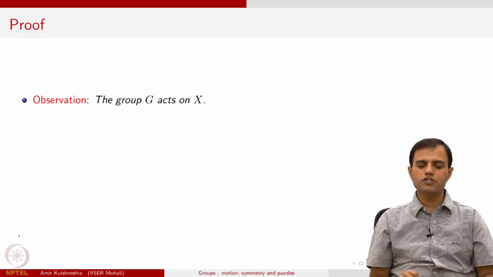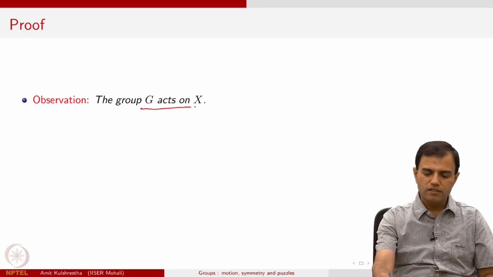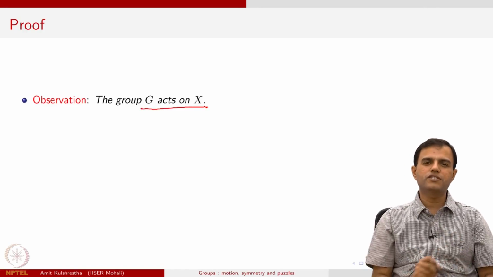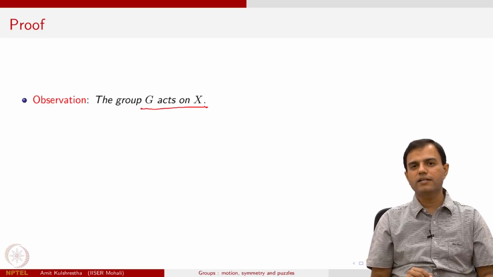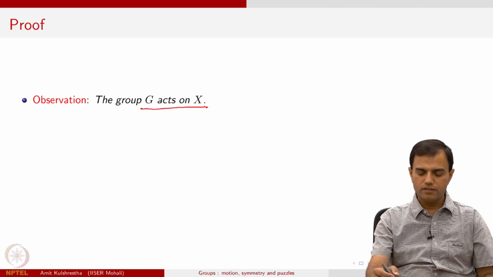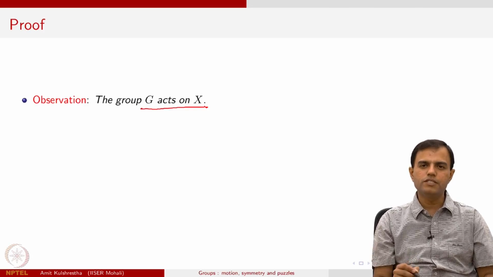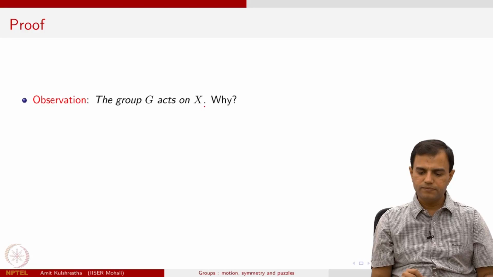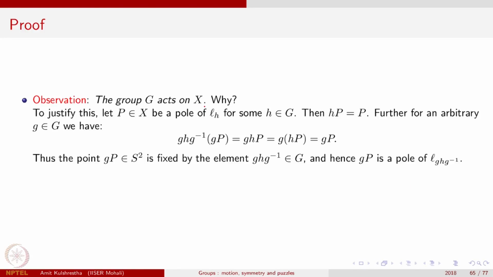Okay, so here is the first observation. The first observation is that one can give a very nice action of G on X. So whatever G we started with, it actually acts on the set of poles of G, and the set of poles is denoted by X. It's easy to see, let's see.